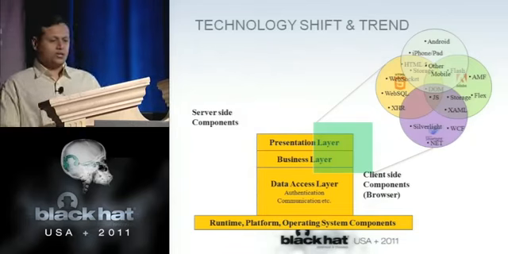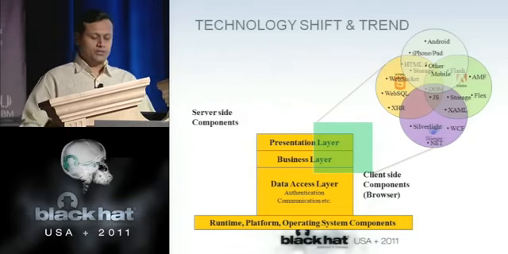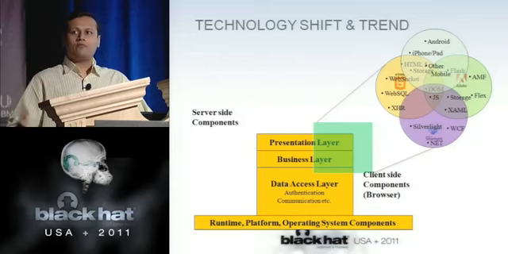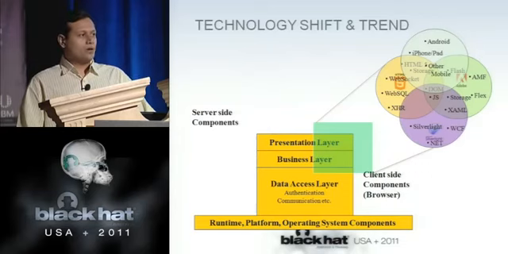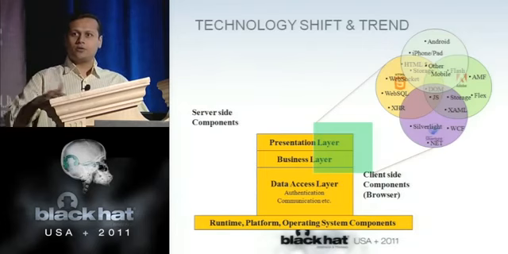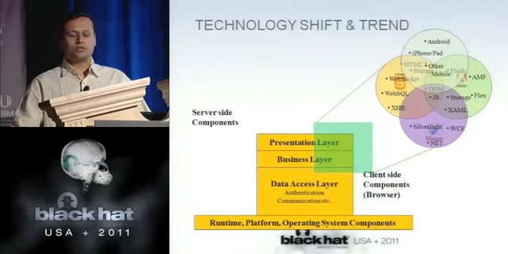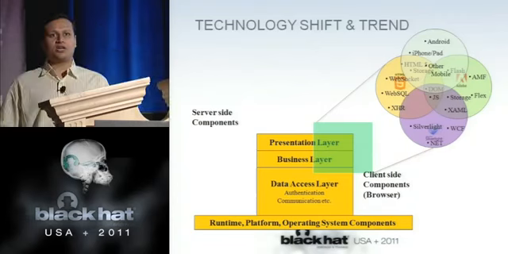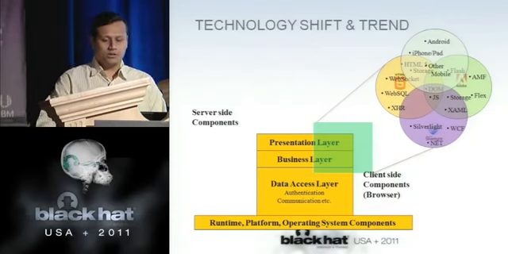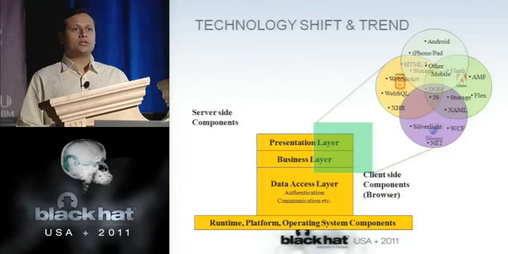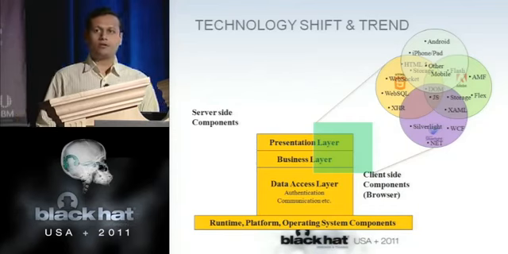So one of the major technology shifts which you can see in the past: when we look at a Web 1.0 application, we had complete layers where we say, okay, this is my data access layer, runs on the server, this is my business logic layer, runs on the server, and this is my presentation layer which runs using HTML and JavaScript in my browser. Now that particular layer is essentially what has changed with the introduction of these new technologies.